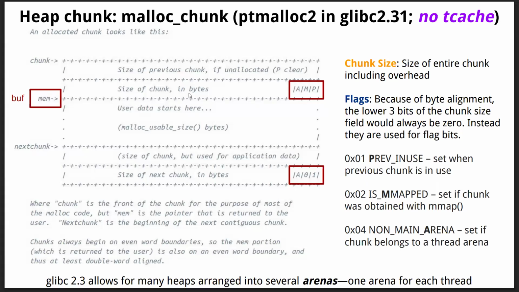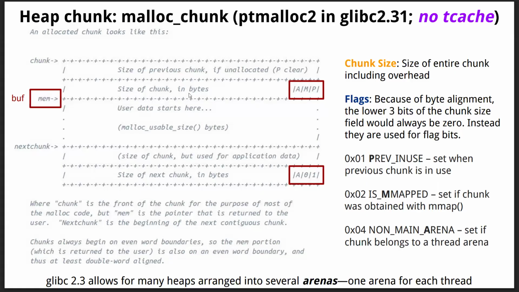Because the malloc chunk has to follow an alignment, usually 8 bytes or 16 bytes, the size can only be 8 bytes, 16 bytes, 32 bytes. The size cannot really be 5 bytes or 7 bytes.